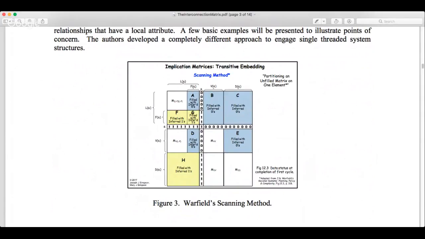You can see here the implication matrices for the transitive embedding component. We have the upper triangular area here, which is filled with inferred zeros, this whole area. And over here, this is also filled with inferred zeros.